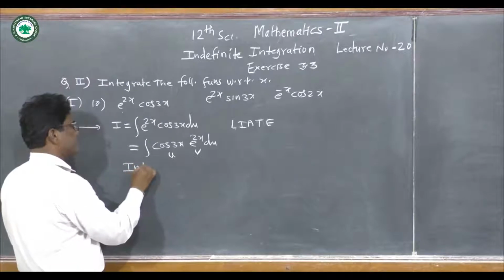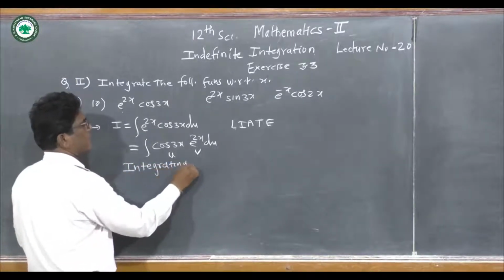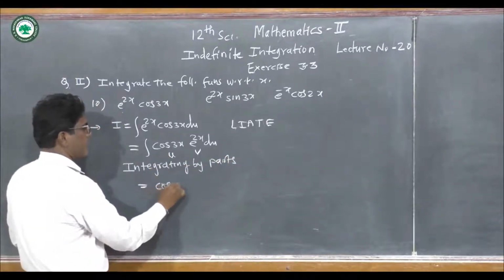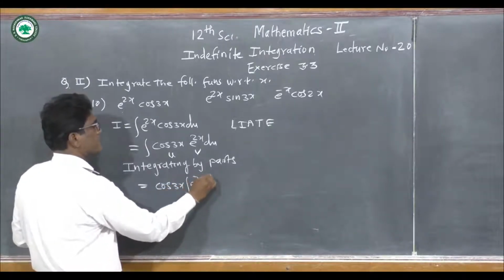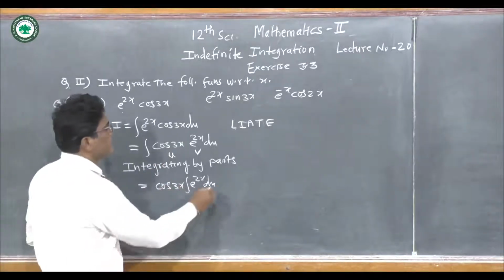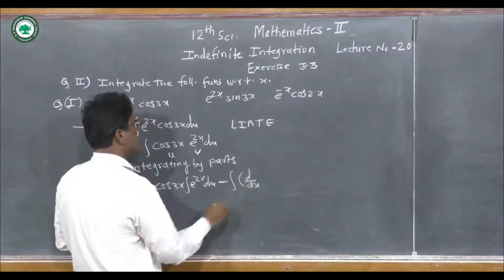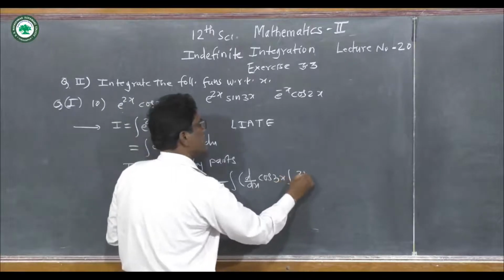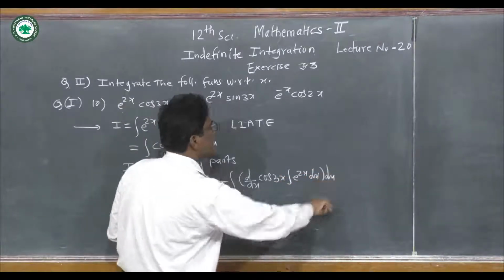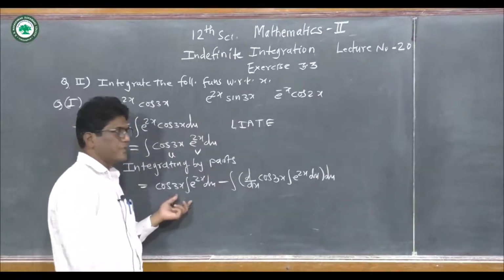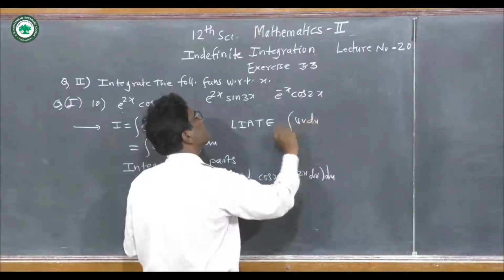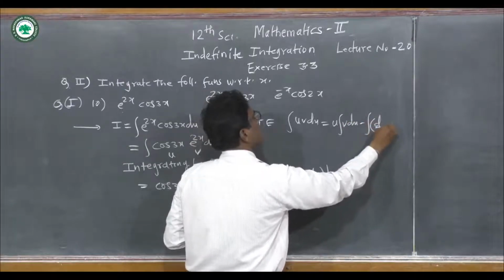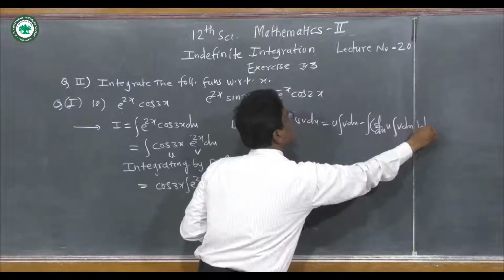Integrating by parts, it is equal to u into the integration of v, minus the integration of the derivative of u into the integration of v, dx. We know this uv rule: the integration of uv dx equals u into the integration of v dx minus the integration of du/dx into the integration of v dx, with respect to x.